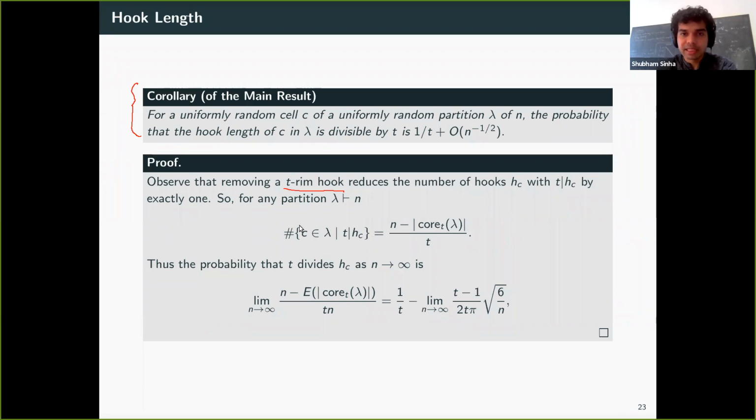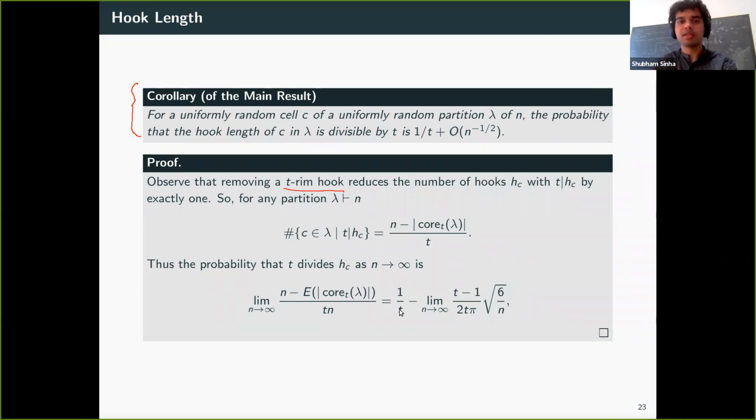So basically the number of cells in lambda whose hook length is divisible by t is precisely n minus the size of the core, over t. Since the expectation of the size of the core grows as square root n, you'll see that as n goes to infinity, the probability is 1 over t.